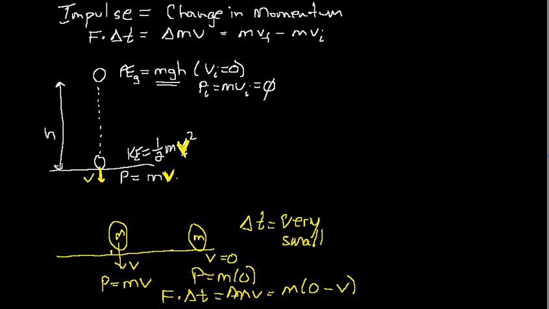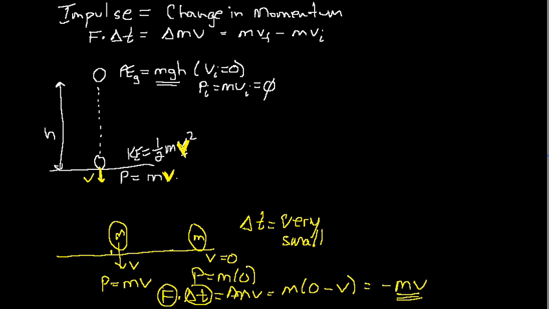So in magnitude, it's just negative mv, which means you have to apply a force times a time interval to equal, at least in magnitude, mass times the velocity. Hope I'm not confusing you. We're going to go over this again.